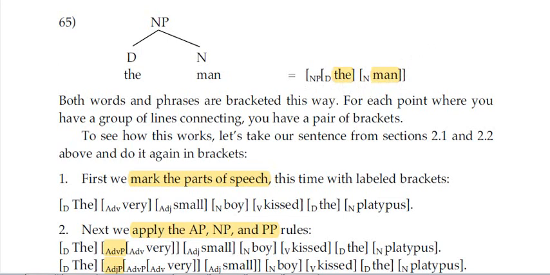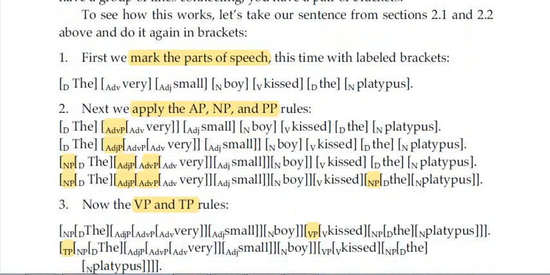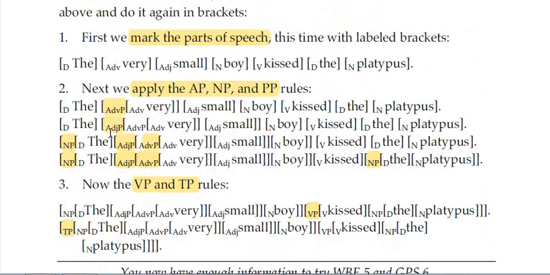Jadi seperti ini. If we draw it in more detail, jadi yang pertama adalah masing-masing mark the part of speech, masing-masing diberi kurung, the very small boy kissed the platypus.